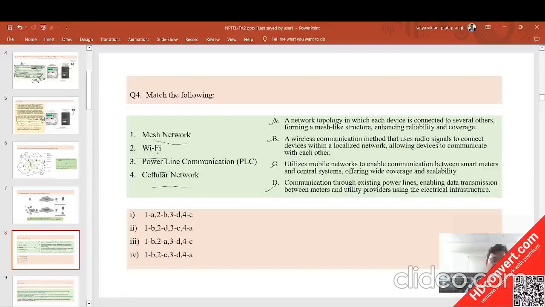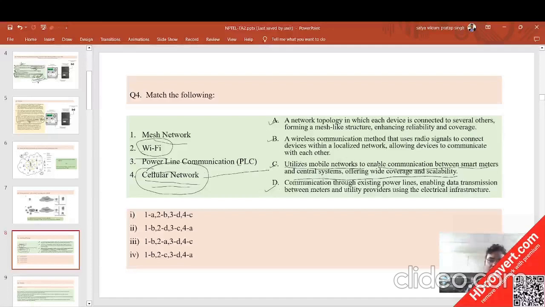Actually, come to those particular systems which you already know. You know Wi-Fi very well. You know the cellular network very well. So let's start with that. In the cellular network, if you see option C from A, B, C and D, it says it utilizes mobile networks to enable communication between the smart meters and central systems, offering wide coverage and scalability.